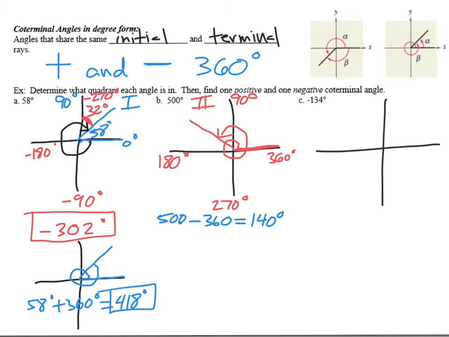And if I were to mark that on the diagram, this would be the scenario if I just went straight there. Well, there's a positive angle that's coterminal with 500. I need a negative. Oops. I need a negative.